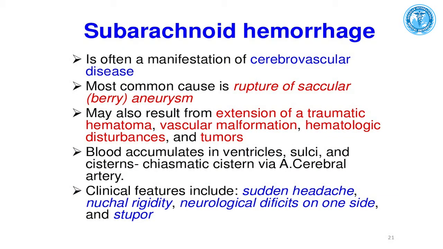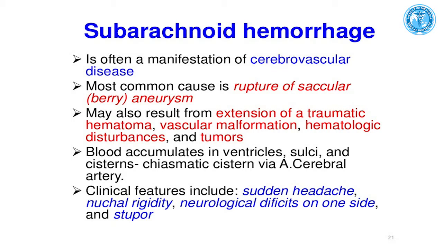Subarachnoid hemorrhage is often a manifestation of cerebrovascular disease. Most common cause is rupture of saccular aneurysm or berry aneurysms. May also result from extension of traumatic hematoma, vascular malformation, hematologic disturbances, and tumors.